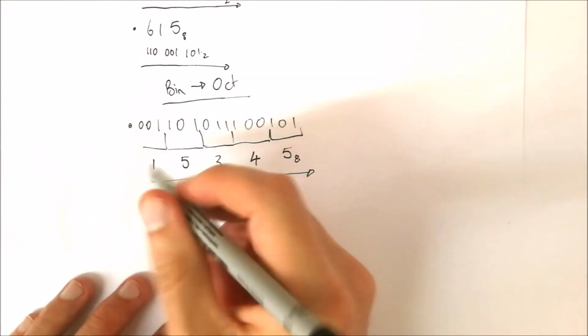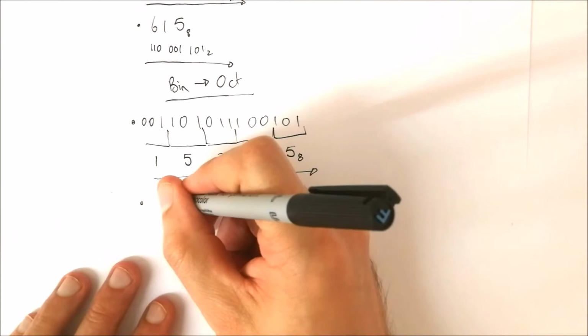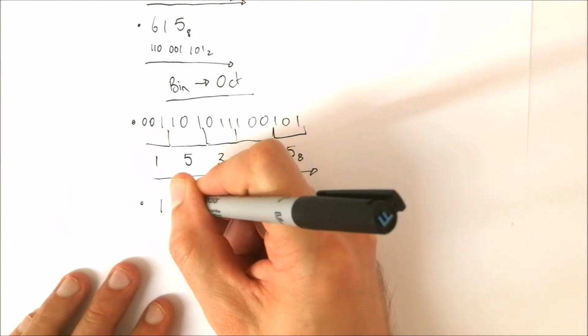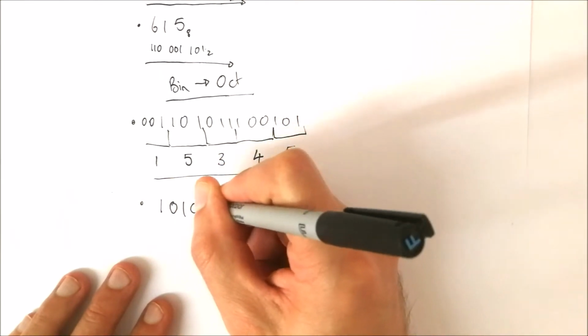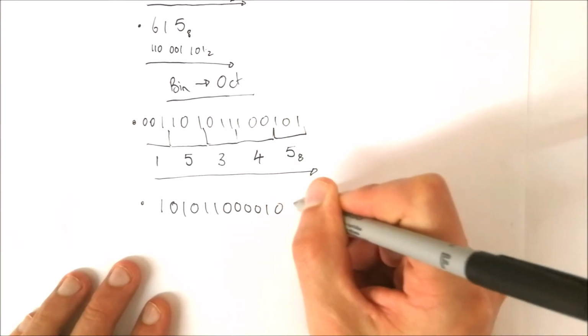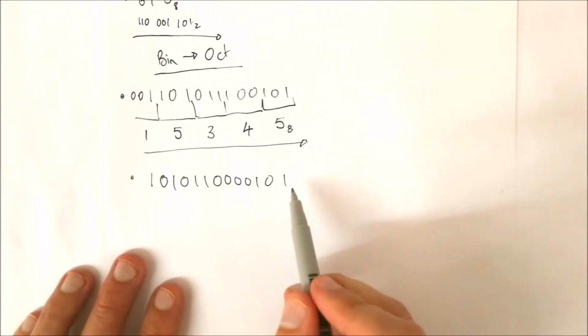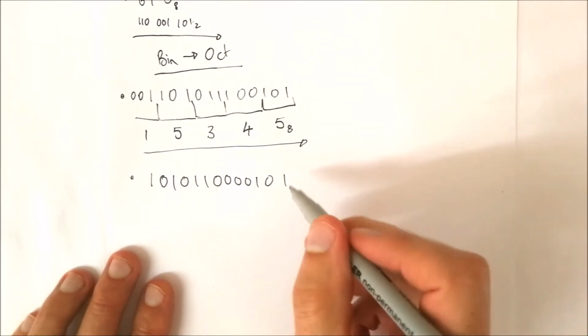Let's have a look at another example. So again, a bunch of 1s and 0s: 101011000000101. Let's have a look at how to convert. Again, we're going to split up into 3 bits, starting from the right hand side.